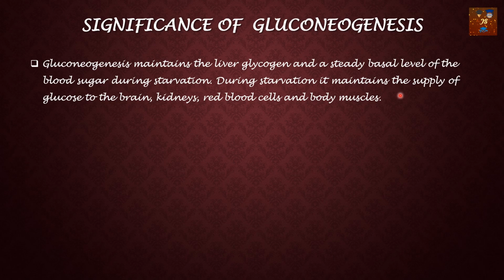So during starvation it maintains the supply of glucose to the brain, the kidney, the red blood cells and the body muscles. So these 4 are in high requirement of blood glucose even during starvation.